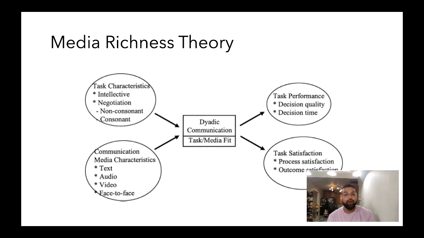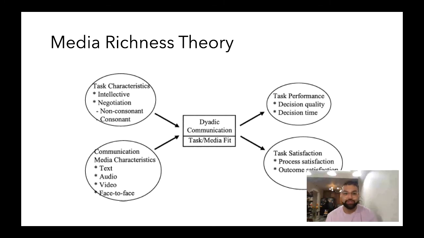For instance, now, if you work at an organization, for a company, a job, if you're going to talk to your boss about getting a raise, think about this theory. This theory would dictate that because the task is more of a negotiative task, it's higher stakes, and you really want the best quality of the conversation and you want high satisfaction, hopefully, you'll choose a rich media. You won't send a text message to your boss asking for a raise.